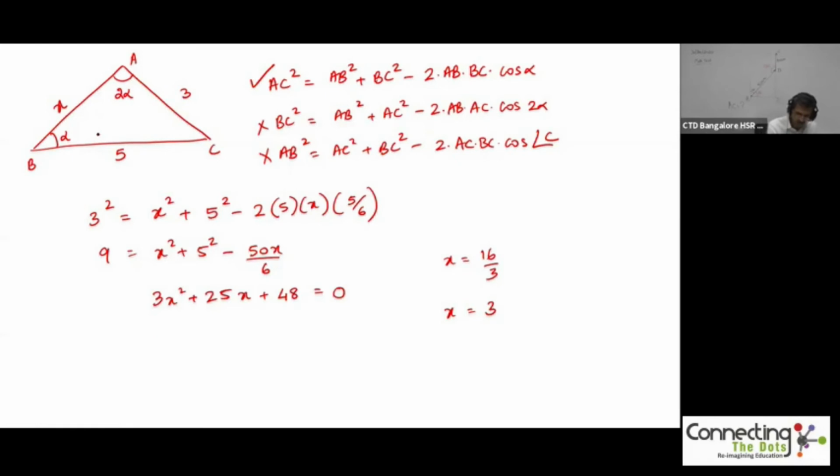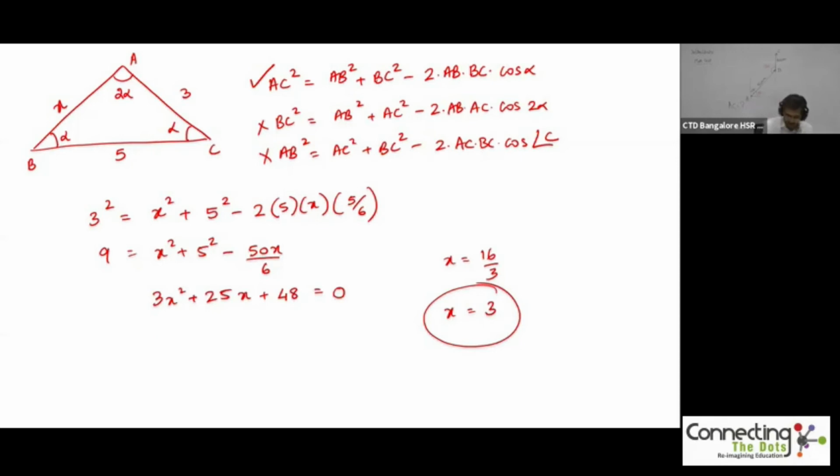If x is equal to 3, that means angle C is also alpha, because that's an isosceles triangle.